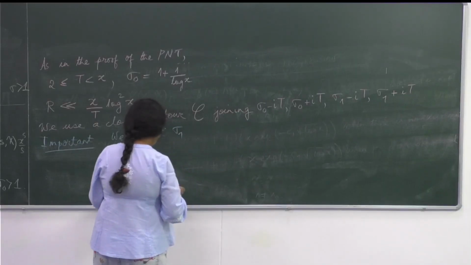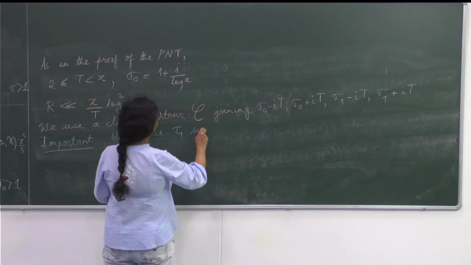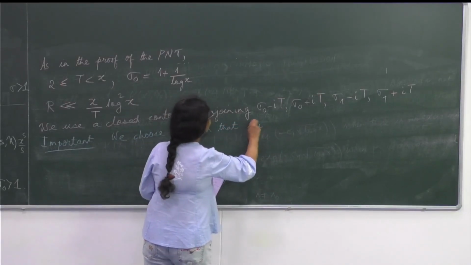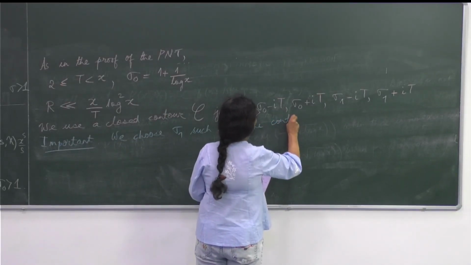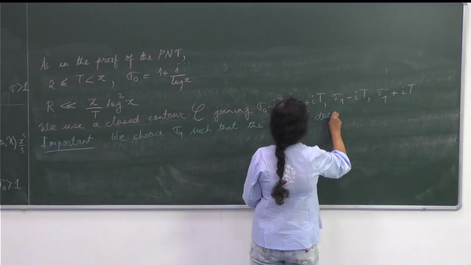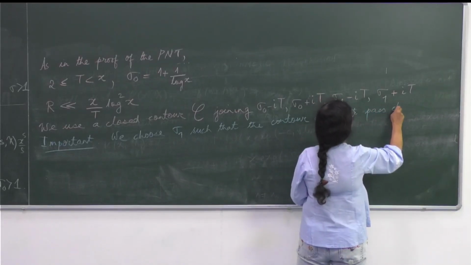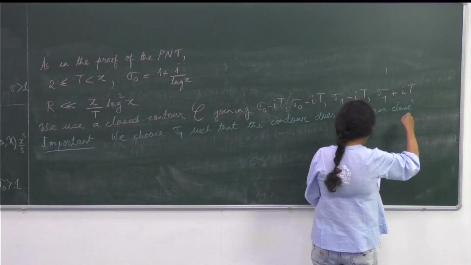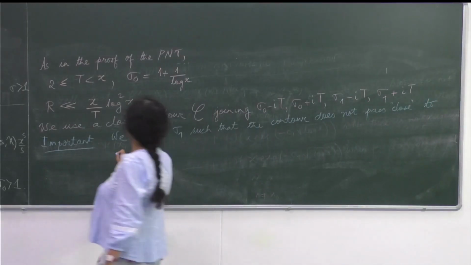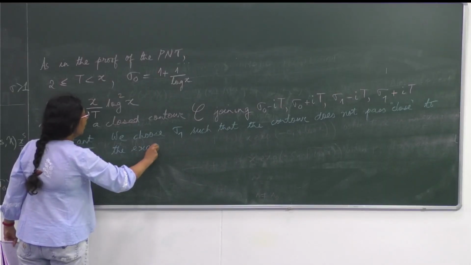Sigma 1 should be such that the contour does not pass close to the exceptional 0.